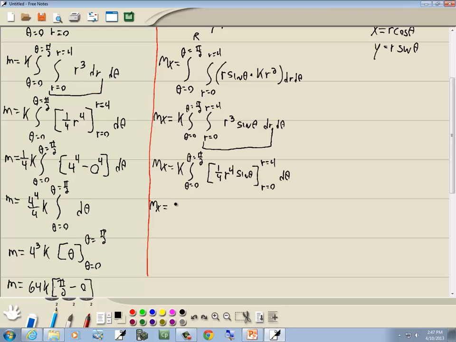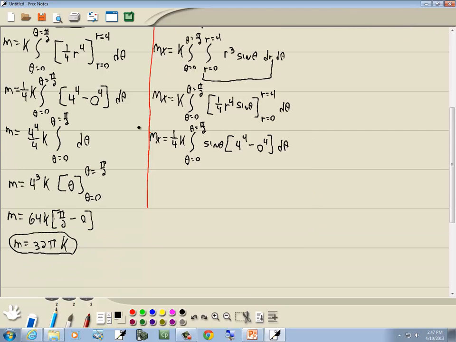Now the 1/4 I can put clear out in front, so we got 1/4 k. The sine theta I can put out in front of the bracket. And that leaves us r to the fourth inside. So plug in our 4 for our r, so we got 4 to the fourth, minus, and plug 0 in for r. So we got 0 to the fourth, d theta.